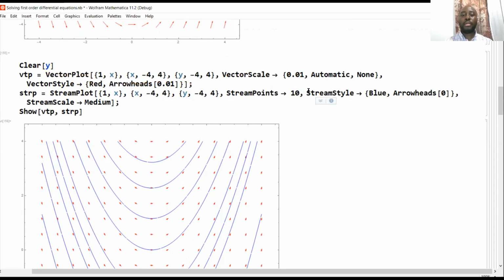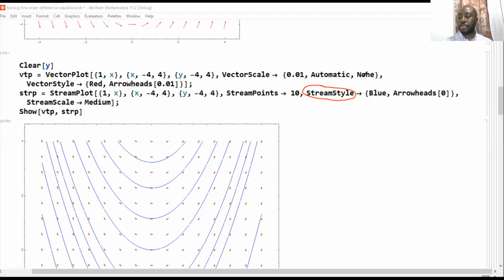All right. You can also control the color and the thickness of your curves by using the StreamStyle option. Here I specify that I want them to be blue. I can change them to red, green, black, whatever I want. If you want your curves to have direction, you can specify Arrowheads so that it tells you what direction you're moving in.